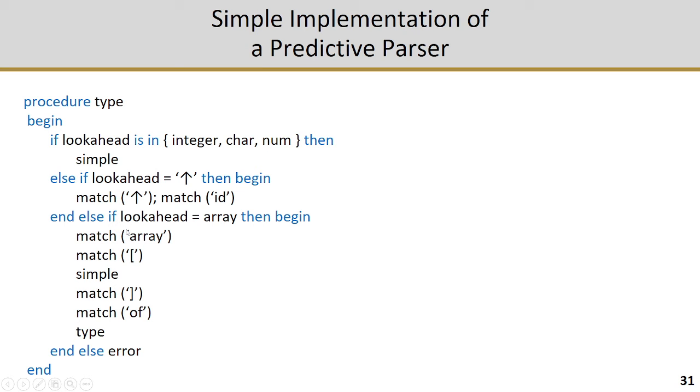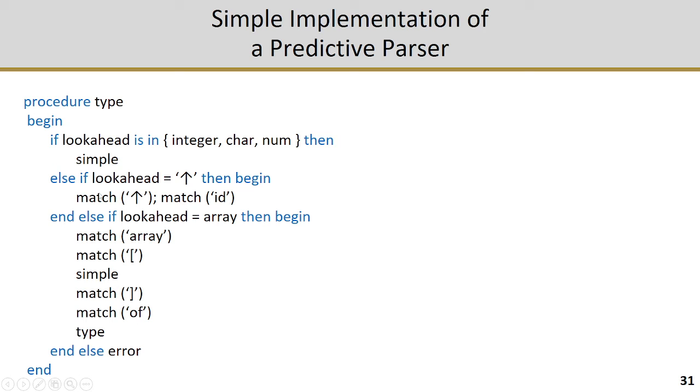And as a third option, if the look ahead is an array, then we are going to match array and bracket and then call the simple to generate the sequence of tokens between the brackets, and then the closing bracket, and then match the of, and finally call the type, which is practically this function, so it recursively calls itself to generate the sequence of tokens for the remaining part of the input.